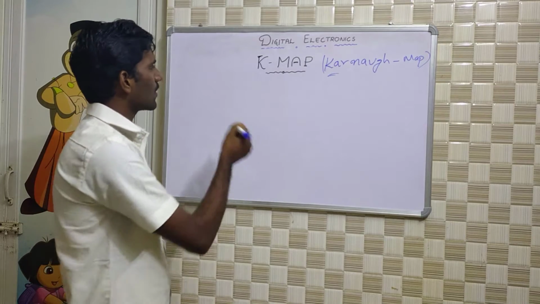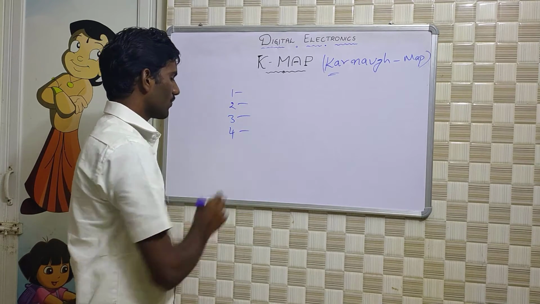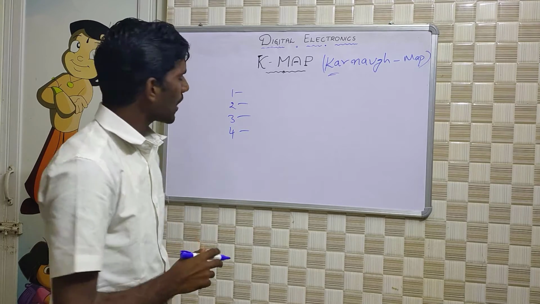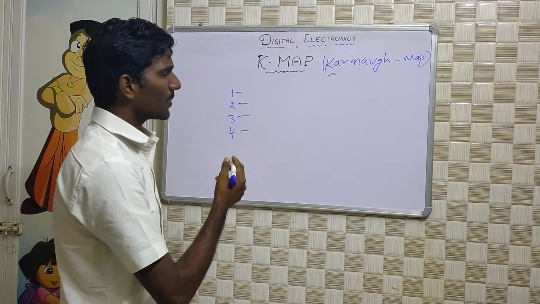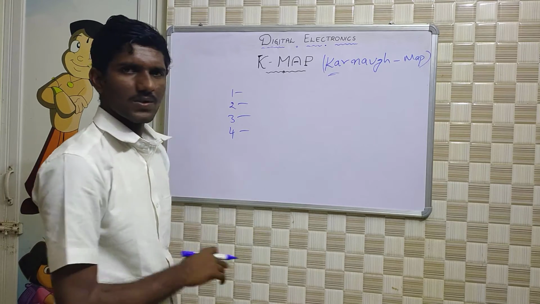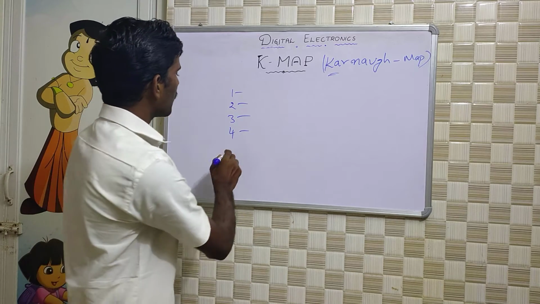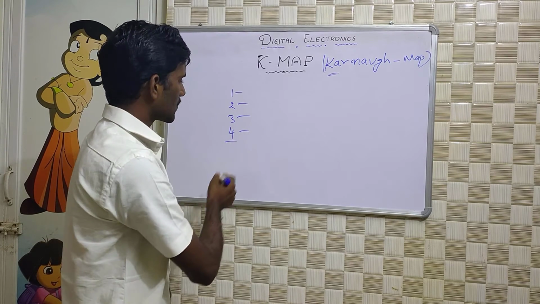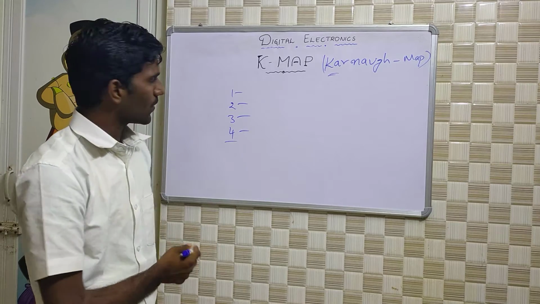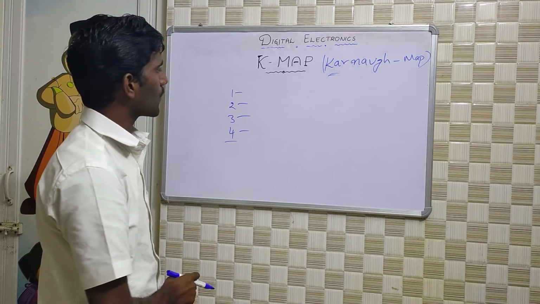The K-map can have 1 variable, 2 variables, 3 variables, 4 variables, because Boolean expressions also consist of 1 variable, 2 variable, 3 variable expressions. Even a 5 variable K-map is there, so we can reduce simply up to 5 variable K-maps.